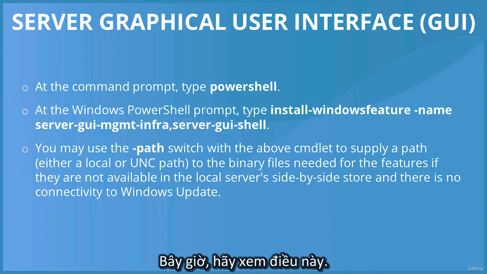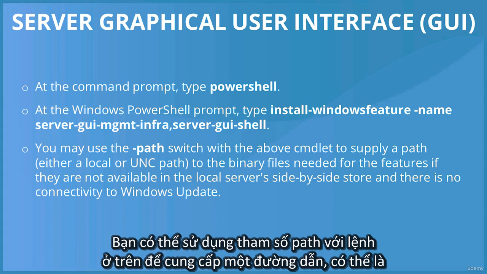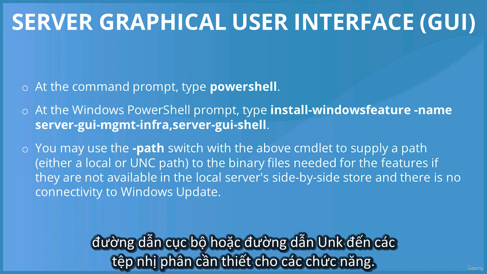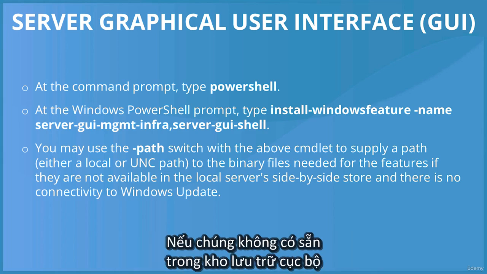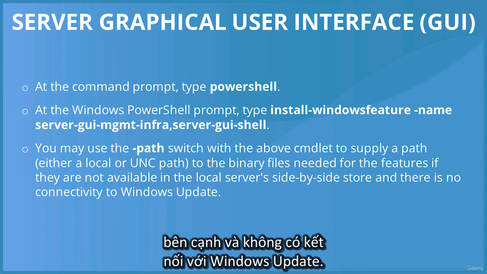Now, check this out. You may use the -Source switch with the above cmdlet to supply a path, either a local or a UNC path, to the binary files needed for the features if they're not available in the local server side-by-side store and there's no connectivity to Windows Update.